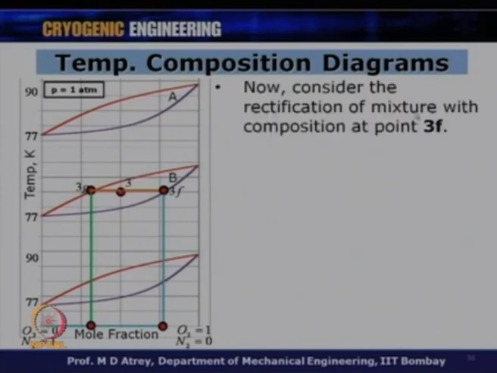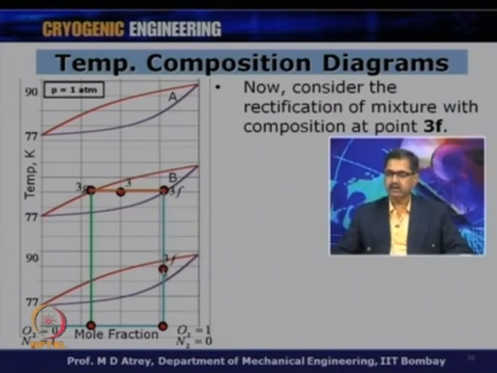Now, consider the rectification of a mixture with composition at 3F. I got oxygen so much and nitrogen so much, and now I will have a two phase flow entering the same region at the point given by this composition. So I will bring this point into the two phase region with the same composition of oxygen and nitrogen.